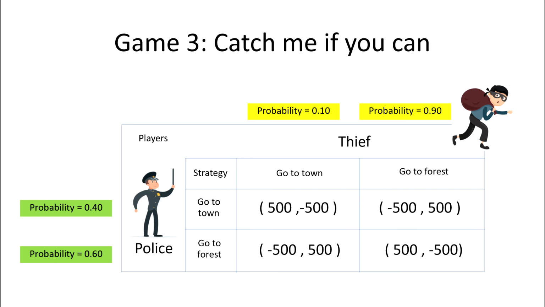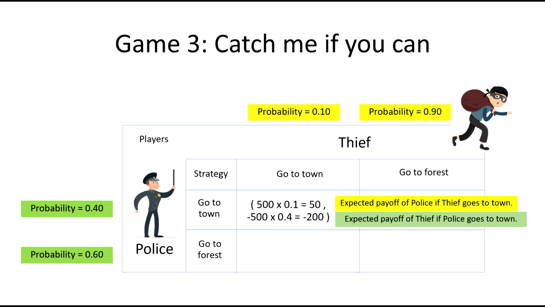So in his mind, he's like 50-50. He cannot choose whether to go to the town or the forest. But okay, he thinks of the forest more than the town. Then the probability of 0.6 is for the forest and 0.4 is for the town.